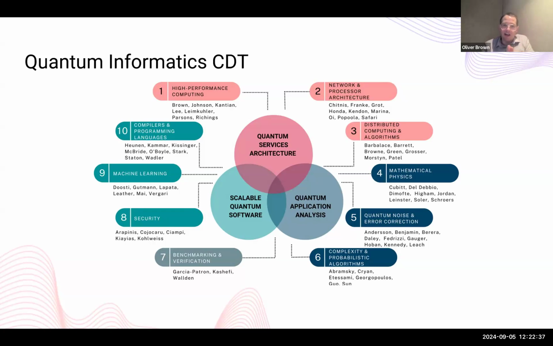As I said, we like to cover that entire range from hardware up all the way to algorithms. And we have many sites in the CDT across the UK and many academics already involved. But we're always happy to talk to people who are interested in quantum computing, and in particular, people who are looking at ways of applying quantum computing to problems they may have.